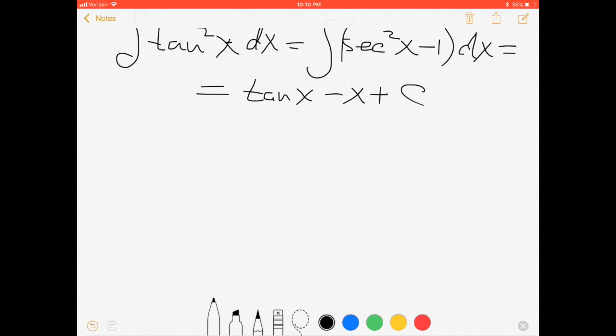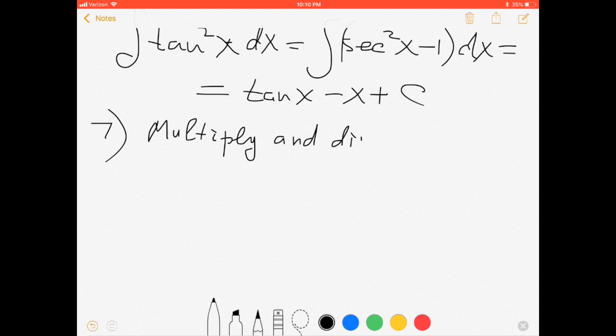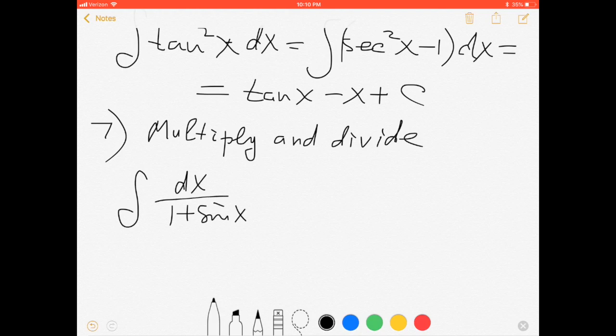And last but not least, multiply and divide by the Pythagorean conjugate. For example, alright, multiply and divide, and here we have dx over 1 plus sine x.